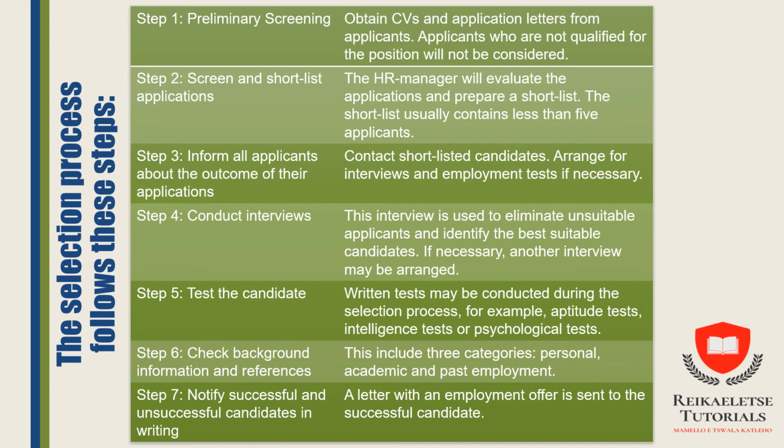Candidates who meet the requirements are separated from those who obviously do not. Then CVs are evaluated, applicants are evaluated against preset requirements and are ranked from most suitable to less suitable candidates. Candidates with the highest ranked order are placed on a short list. Usually it's between 3 to 5 candidates.